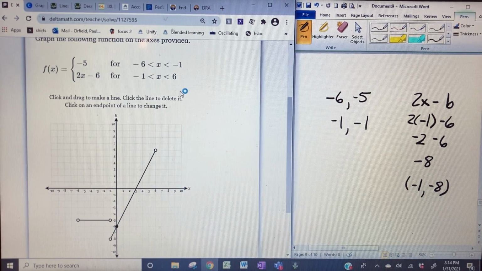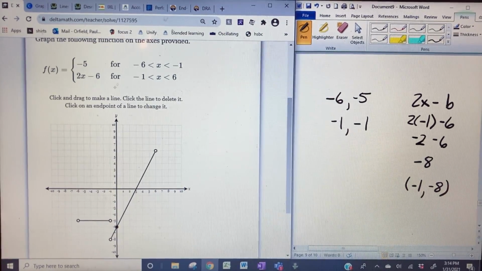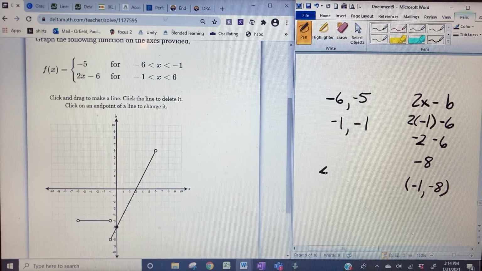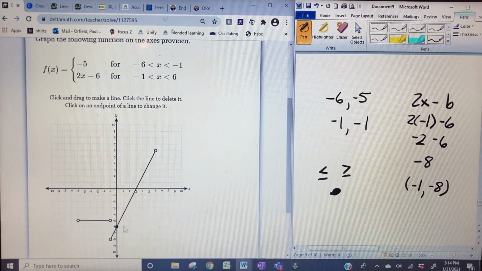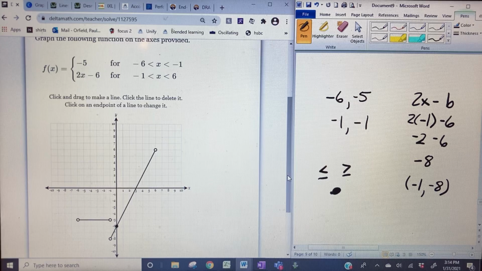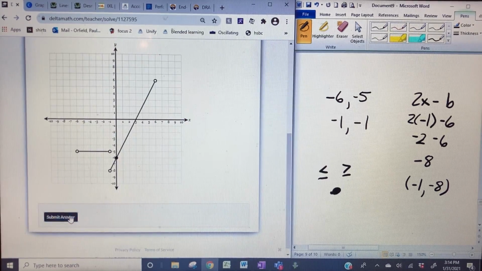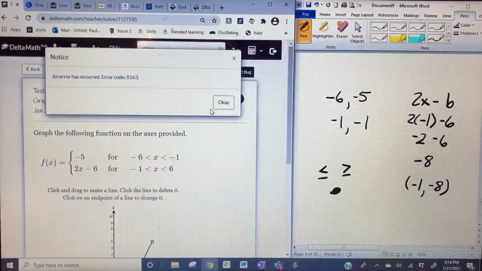Had we been using the or equal to sign, we would be filling those dots in. We'd be using a closed dot versus an open dot, okay?